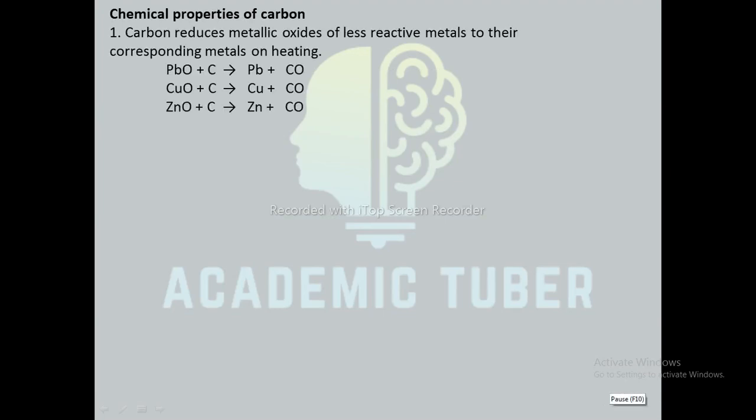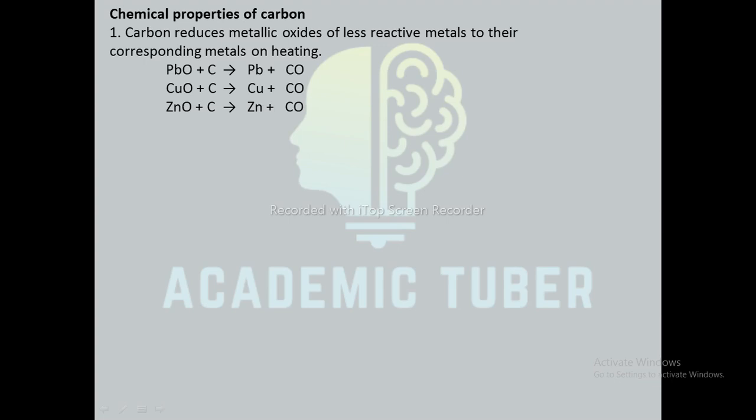Reducing property. The tendency of an element to lose electrons is called its reducing property. Carbon reduces metallic oxides of less reactive metals to their corresponding metals on heating. Lead oxide when heated with carbon gives lead and carbon monoxide.